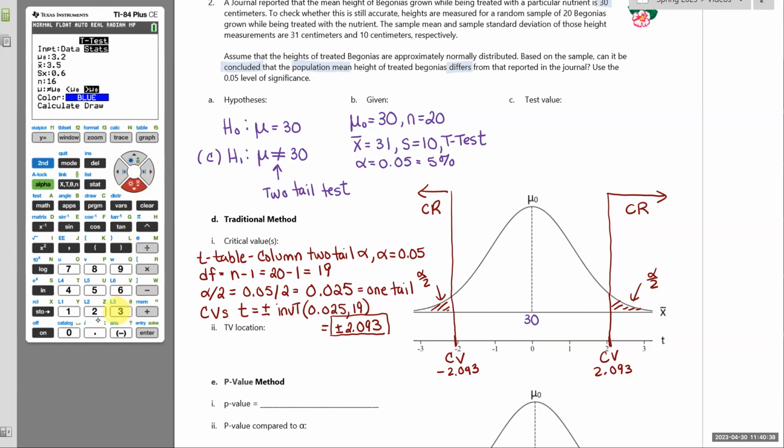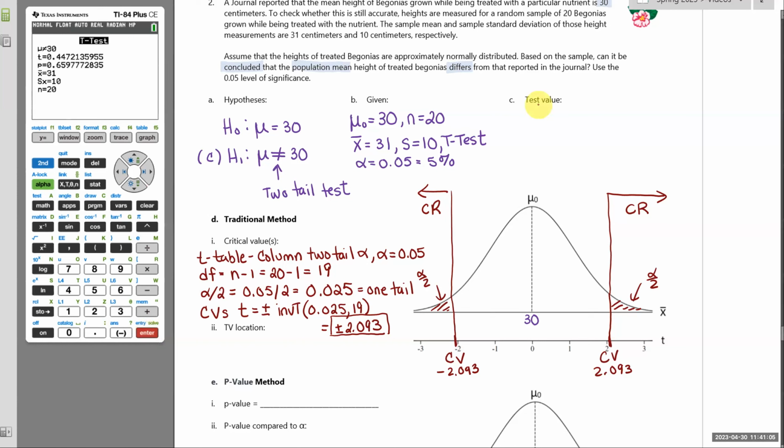And our mu naught was 30 centimeters. Our x bar came out to be 31 centimeters. S was 10 centimeters. Sample size of 20. We're doing a two-tail test, so we want to make sure to pick not equal to. And then all right.